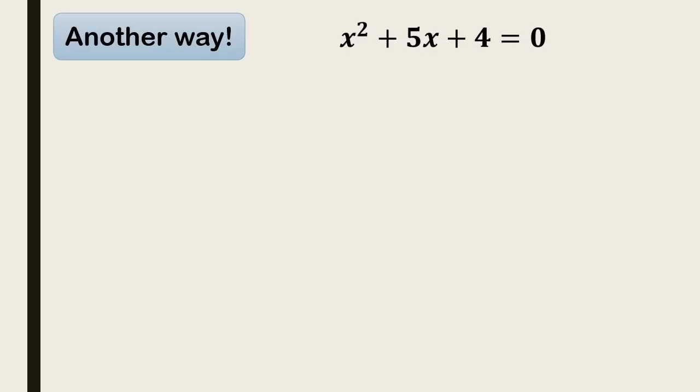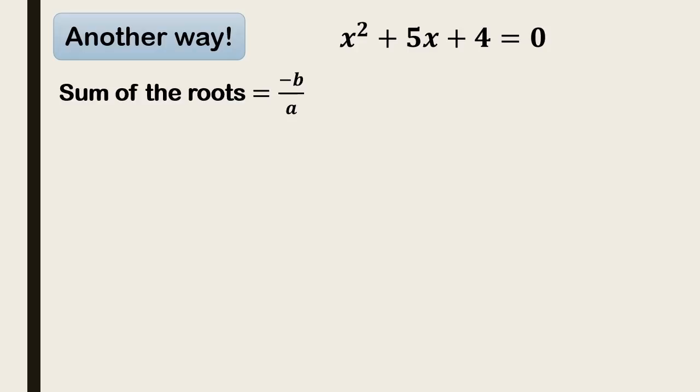There is an easiest way in solving the value of sum and product of a quadratic equation. Using the given equation, x squared plus 5x plus 4 equals 0, here are the easiest formula. So for the sum of the roots, we have here negative b over a.